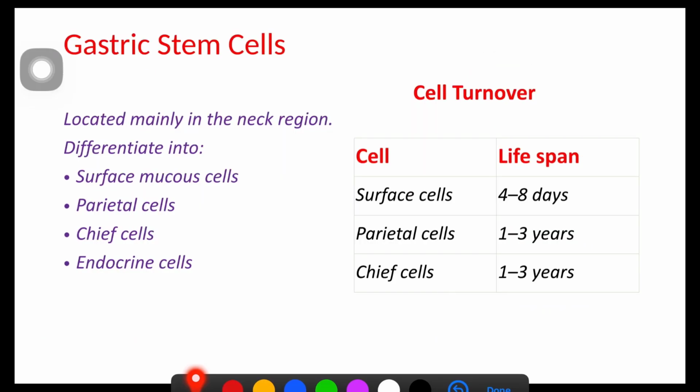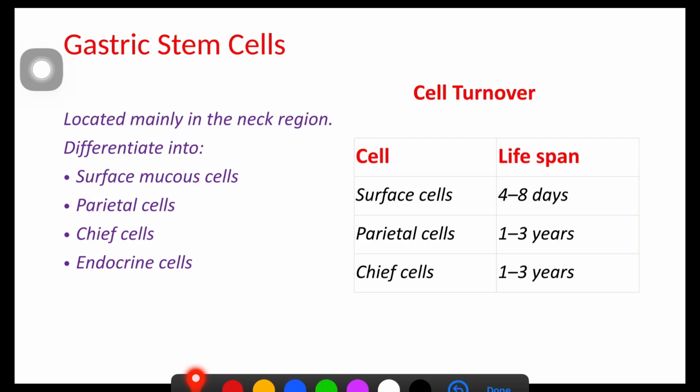Now gastric stem cells. Already we have discussed they are in the neck region. They differentiate into surface mucous cells, parietal cells, chief cells and endocrine cells. So stem cells are the main cells for the generation of all the cells in the gland.